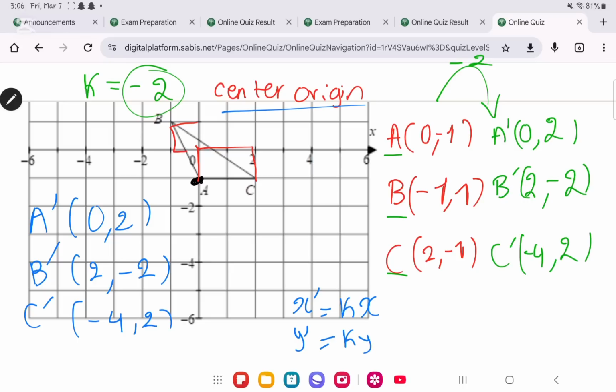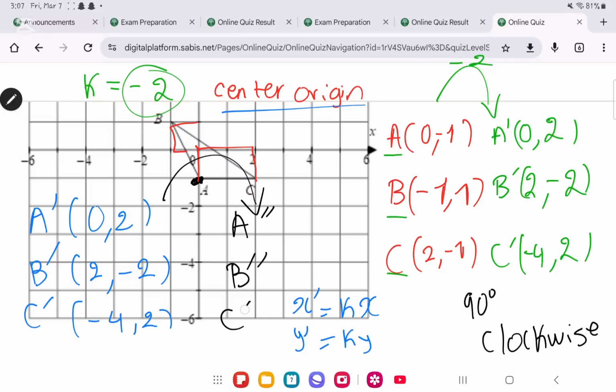After the enlargement by the center origin, they told us that there was a rotation of 90 degrees clockwise. So what we're gonna do is change A prime, B prime, and C prime into A double prime, B double prime, and C double prime by doing a 90 degrees rotation clockwise.